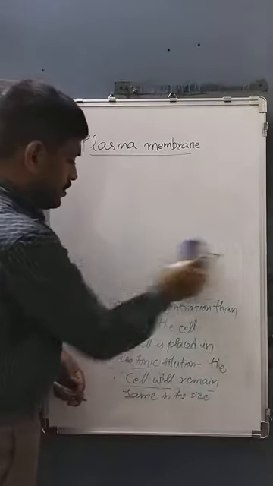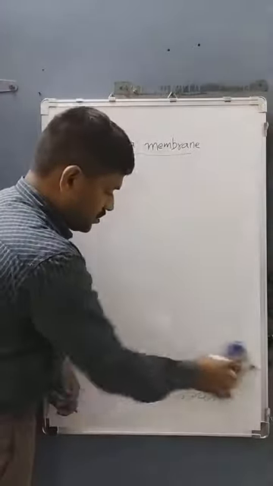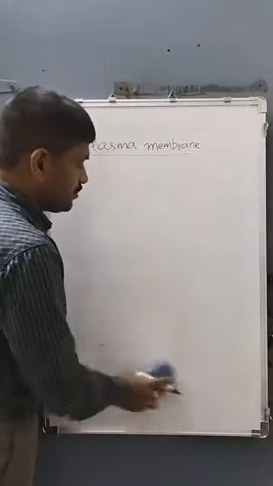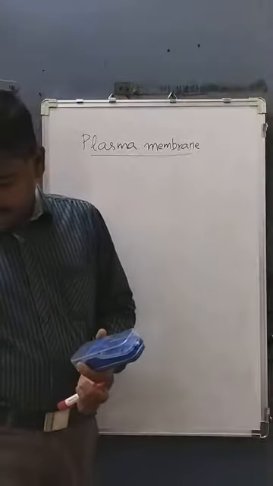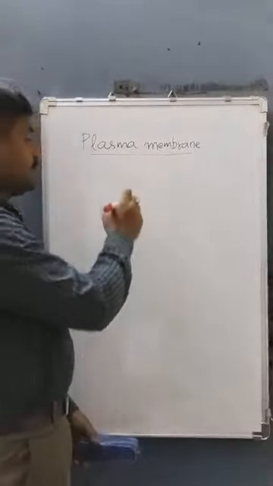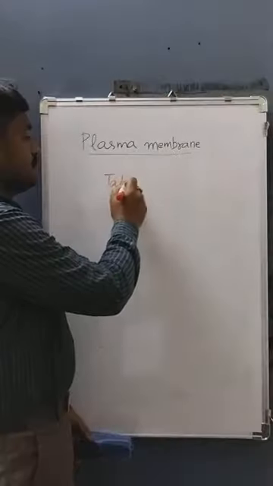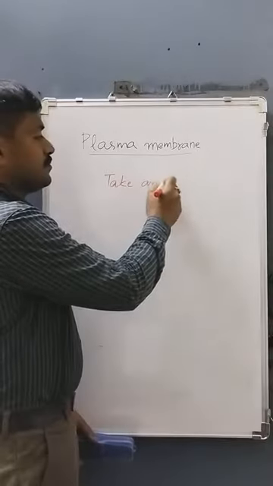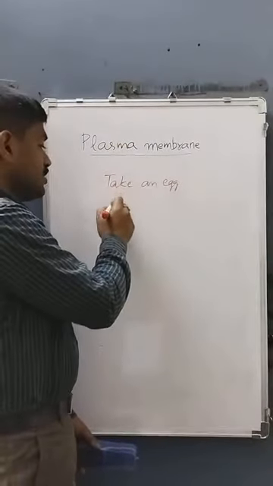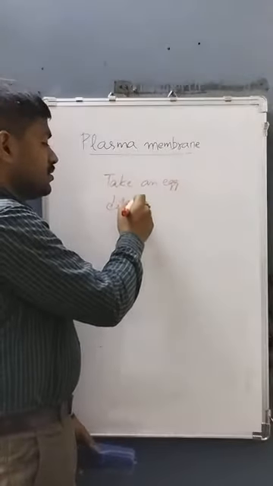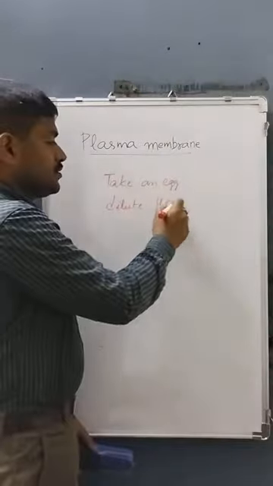Let us try to understand the isotonic, hypotonic and hypertonic media with two experiments. First are two activities. Take an egg, put it in dilute hydrochloric acid.